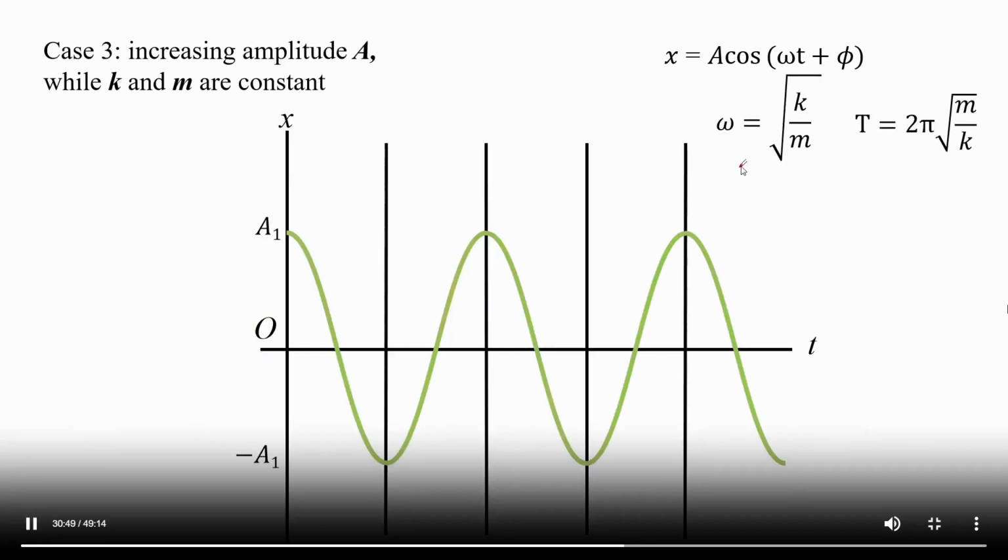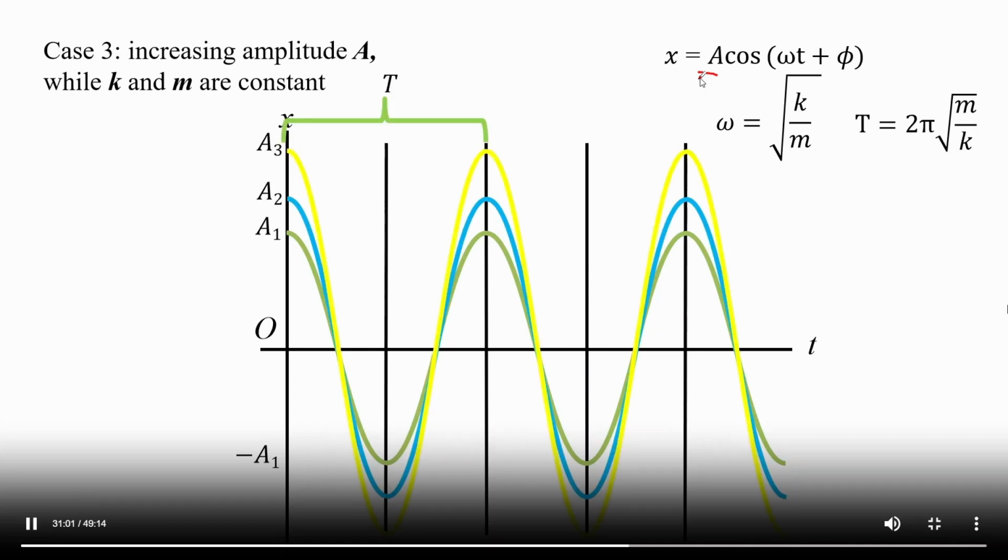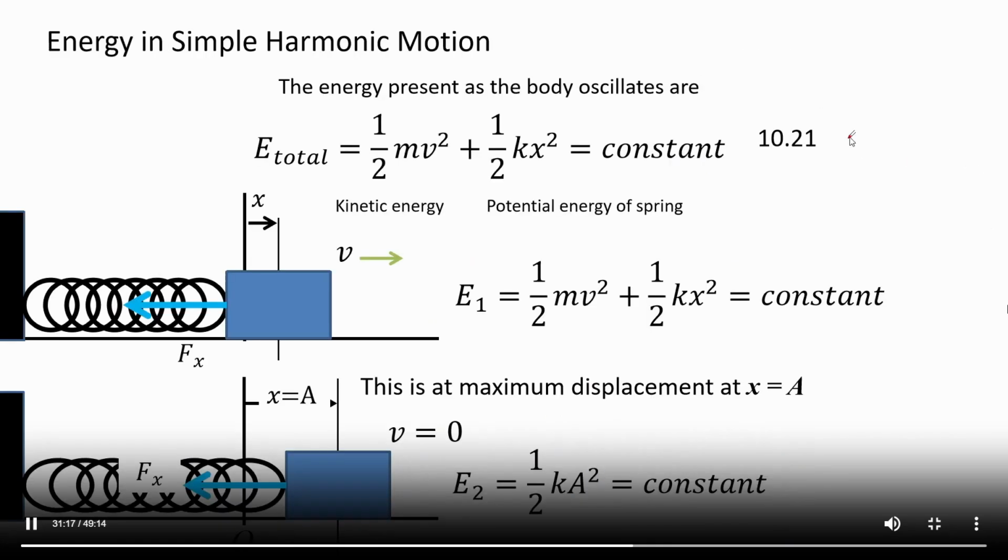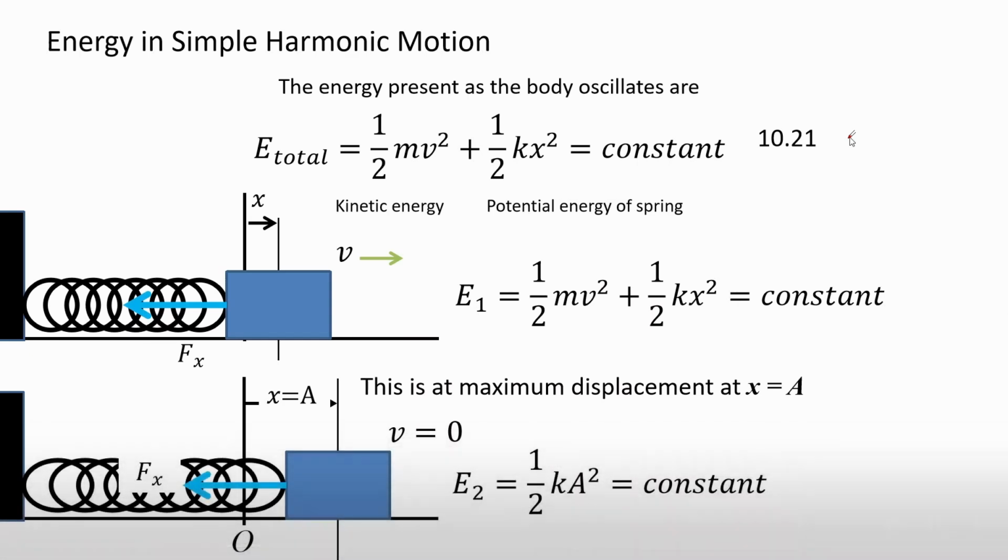Last is increasing the amplitude. So if we increase the amplitude, what happens to this function here? Actually, the period remains the same. It's not really affected. Only the amplitude increased. See, there is no correlation.